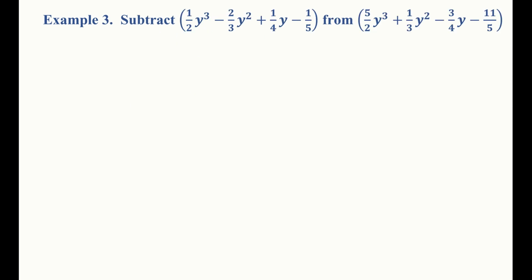All right, so as our last example for this video, notice that we're saying subtract this polynomial from that polynomial. So the way you don't let something like this confuse you is you first think of a simple example for yourself.